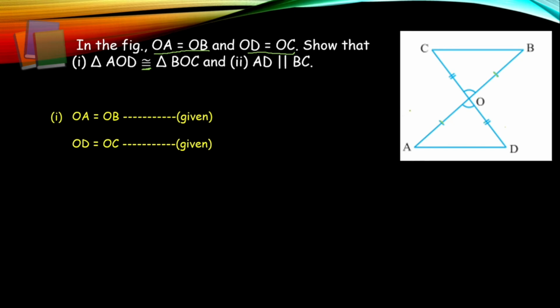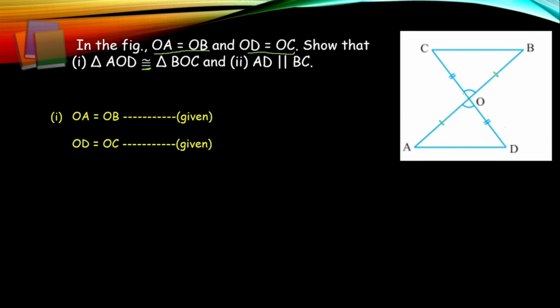And we need one more criterion which shows that these two triangles are congruent. If you can find it out, then please write in the comment box what the other criterion is. If you could find it out, then it's amazing. If not, then I'll tell you. As we can see, the lines AB and CD are intersecting.